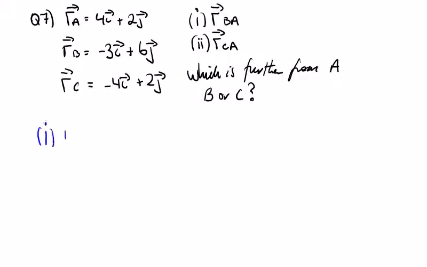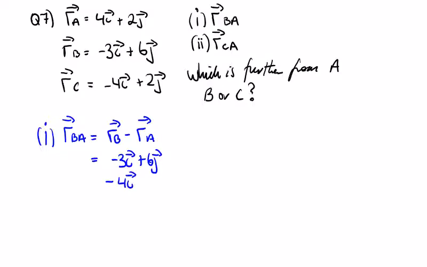So number 1, the relative displacement, or the relative position, of B with respect to A is the position of B minus the position of A, which is going to be minus 3i plus 6j, and then minus 4i minus 2j.